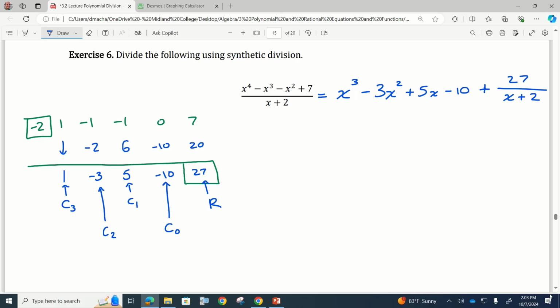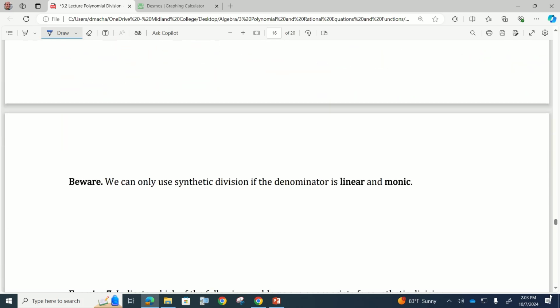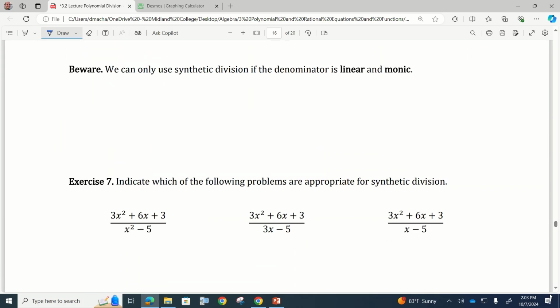No, that's a good question. It is not possible if the denominator is squared. And that was a great segue into my next statement here. We can only use synthetic division if the denominator is linear and monic.